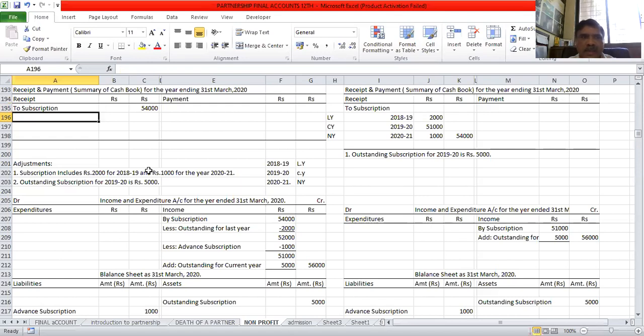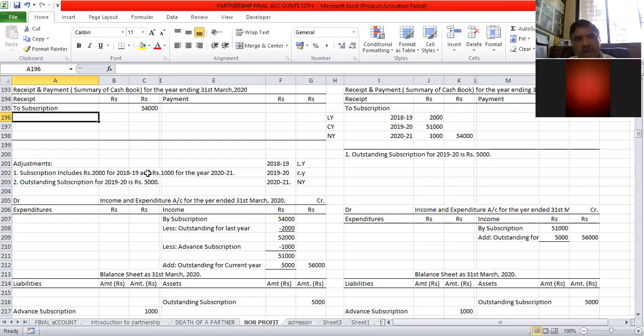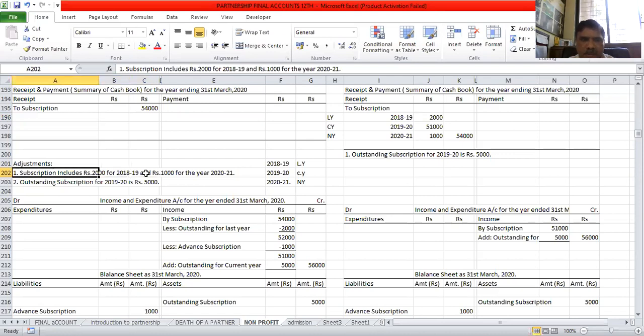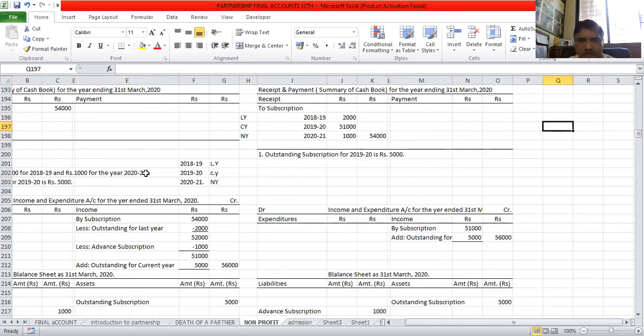Sometimes they mention it in the year itself instead of mentioning it in the adjustment. This is one part of doing the subscription entries. And on the other side, if you see the right-hand side, is another way of giving the question. The subscription is given in different years.